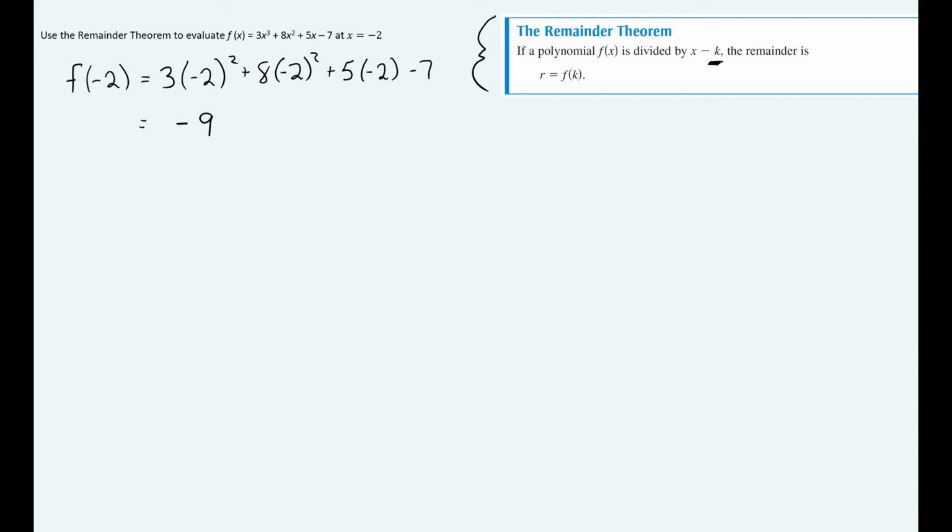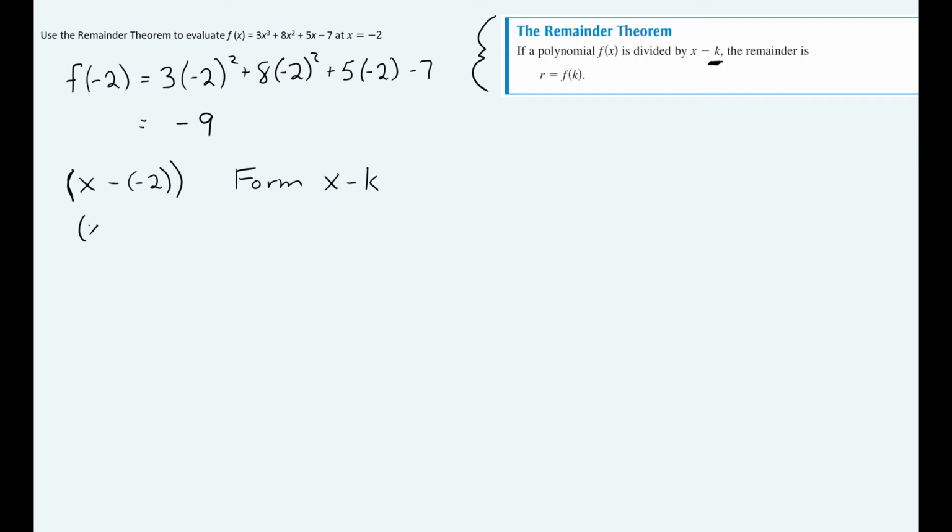So in this case, I'm at x equals -2, which means I would have the factor x minus a -2. Because remember, all our factors are of the form x minus k, so we have to have minus the x value that we're evaluating at.